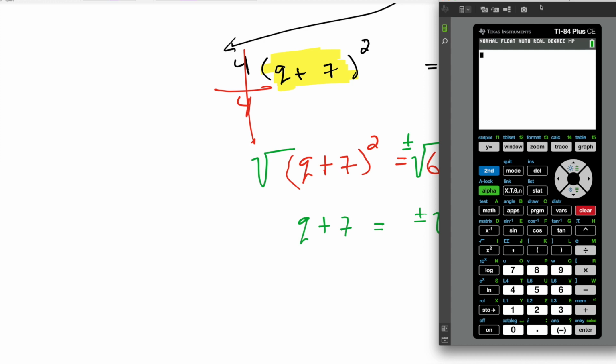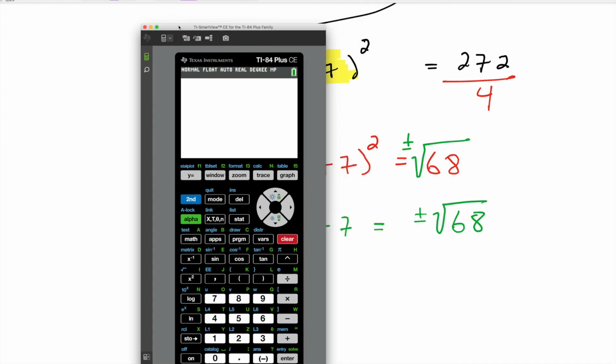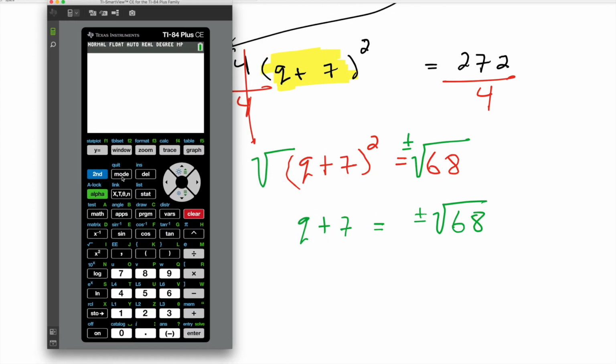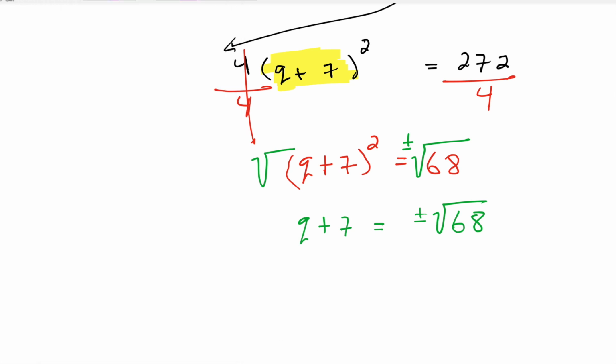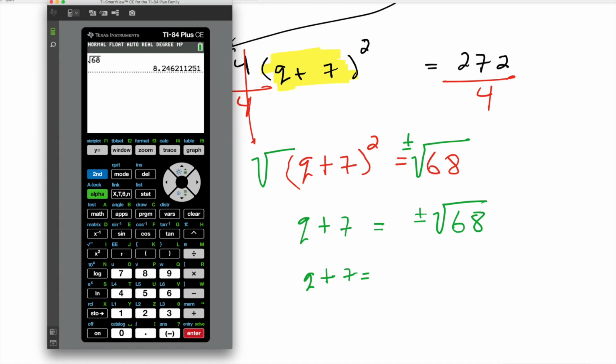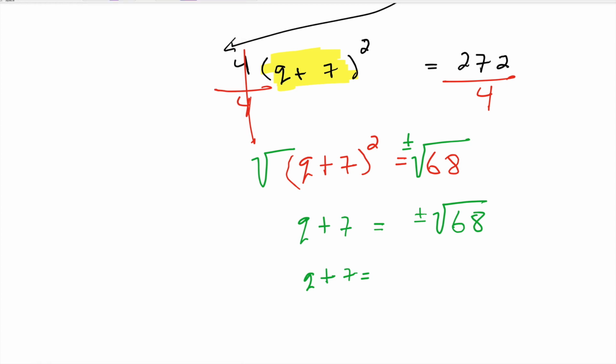The square root of 68 is 8.246. So you have q plus 7 equals 8.246.